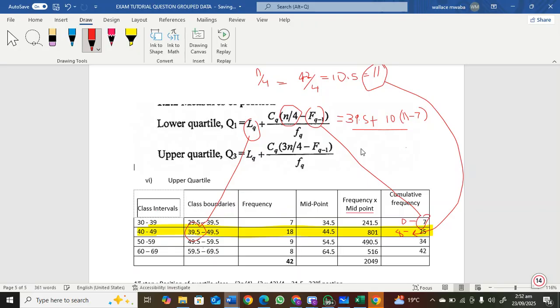The frequency of our lower quartile class is 18. So 11 minus 7, that is 4, 4 times 10, that is 40, 40 divided by 18, that is 2.2, 2.2 plus 39.5 gives 41.7.